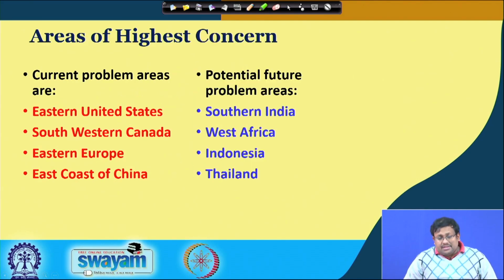So, what are the areas of highest concern due to acid rain? Currently, there are some locations in the world which are worst hit by acid rain: first of all the eastern United States, then southwestern Canada, then eastern Europe and the east coast of China. These are some of the areas worst impacted by acid rain. However, there are some potential future problem areas which may develop this problem in the near future: southern India, West Africa, Indonesia and Thailand.